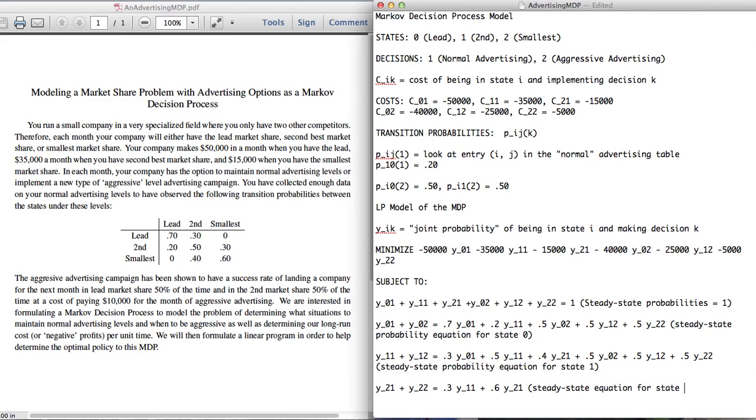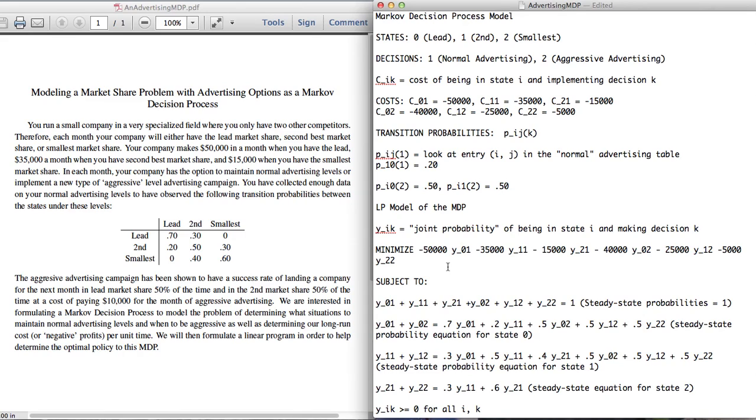And this is the steady state equation for state 2. And our last constraint is that the YIKs are greater than or equal to 0 for all I and K. So a couple things to point out. This is the LP to get the policies.